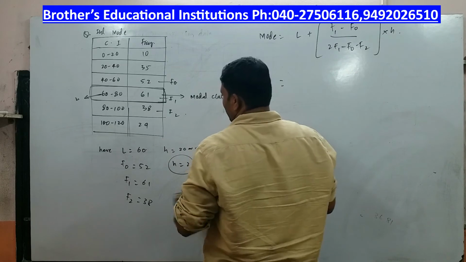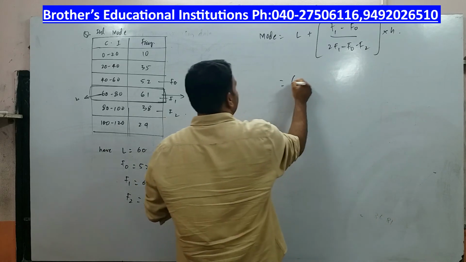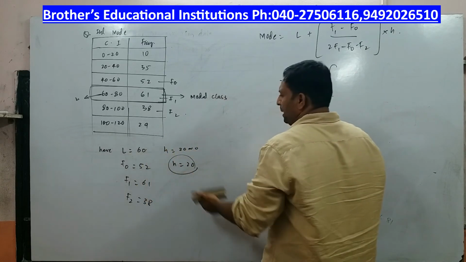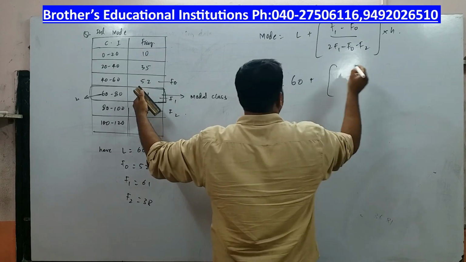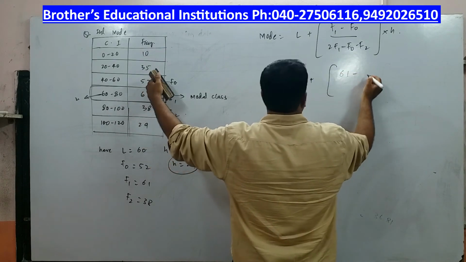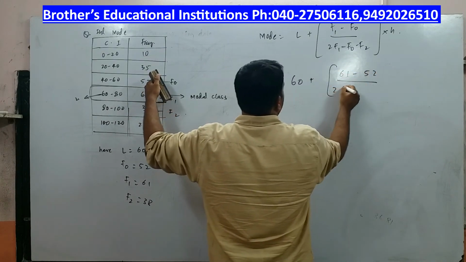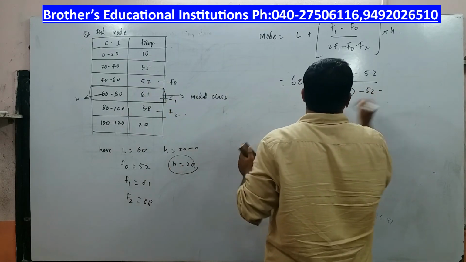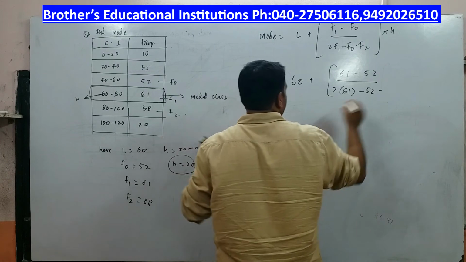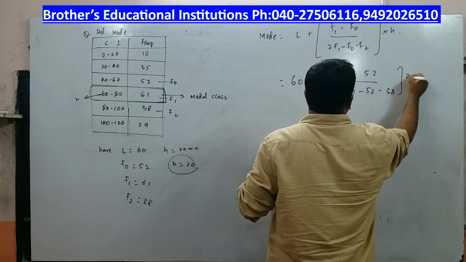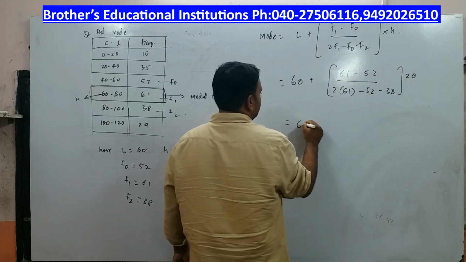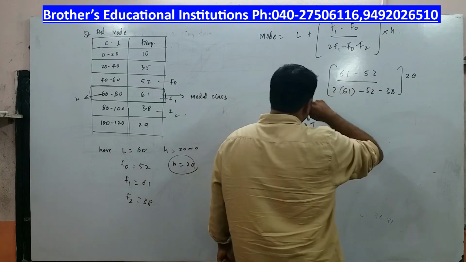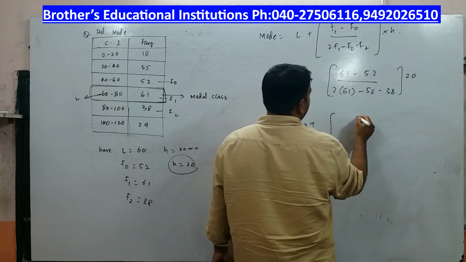So what is L value? I need to substitute. L is 60 plus, what is F1? 61 minus F0, 52, by 2 times 61 minus F0, 52, minus F2, F2 is 38, into H, H is what? 20. So it is 60 plus 61 minus 52 is equal to how much? 9.